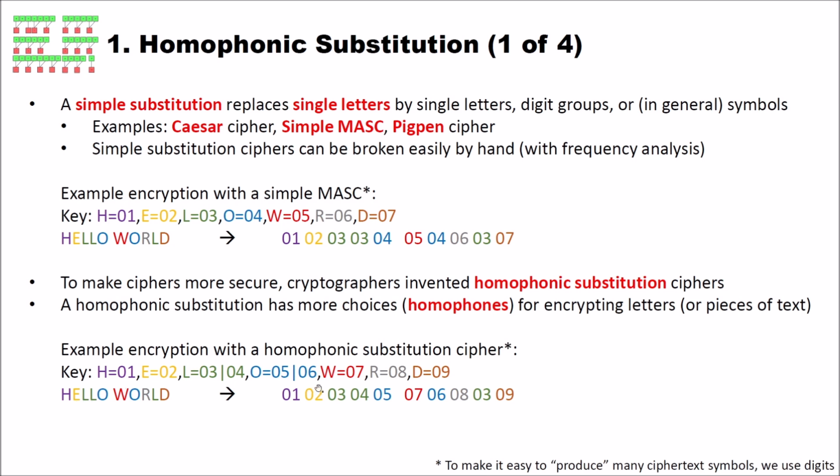But this is still a monoalphabetic substitution cipher. That means we always have the same ciphertext alphabet. So we never have the possibility that, for instance, 03 or 04 encrypts another plaintext letter than L. So 03 and 04 always encrypt L. With a polyalphabetic cipher, it could be that we exchange the assignments, that we choose another ciphertext alphabet, and then 03 and 04 could be assigned to other plaintext letters.